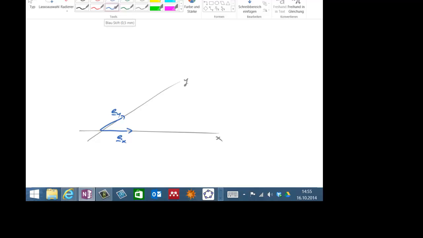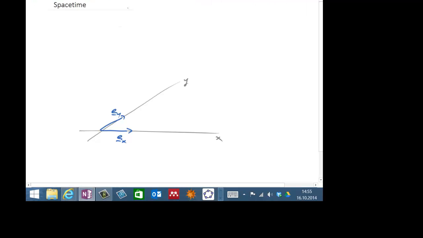Let me draw this perhaps in green. Not so easy. Okay. Now, in my clock, here is time equal to 0.